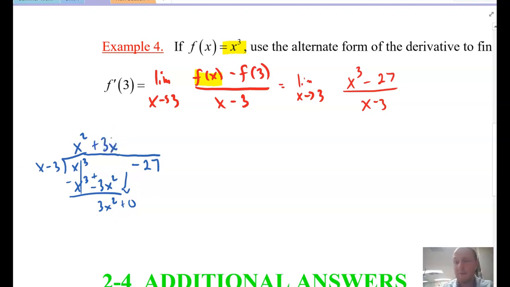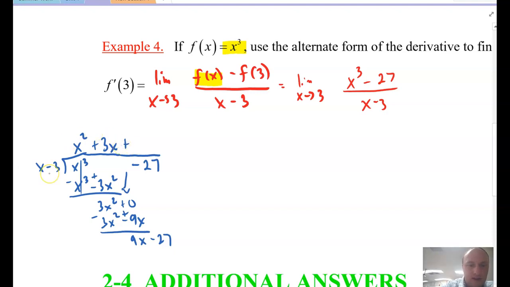Then I'll multiply: 3x times negative 3 is negative 9x. We'll change our signs, negative, positive. So I have 9x, bring down the negative 27.